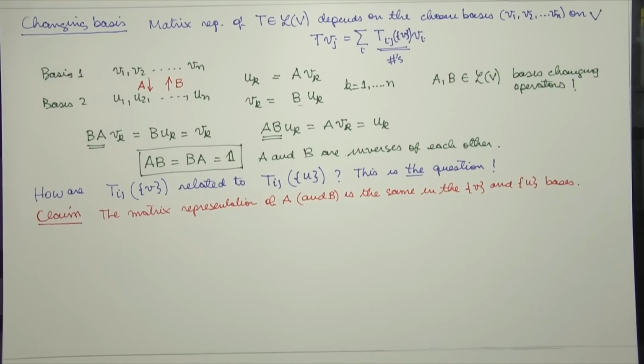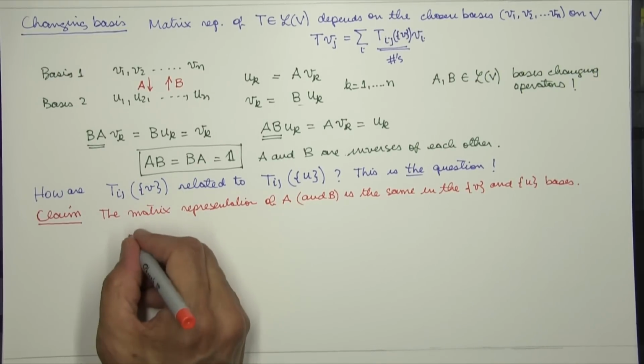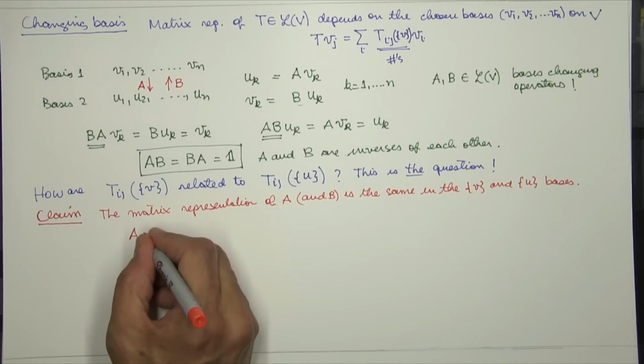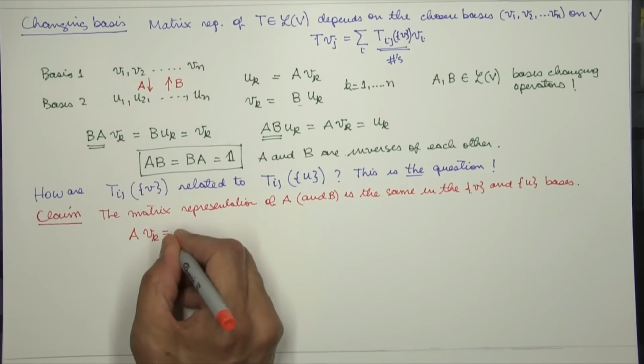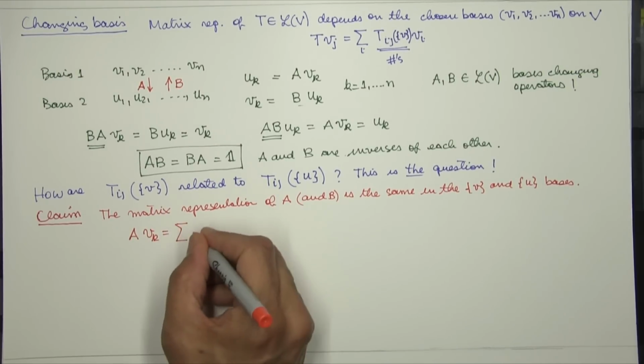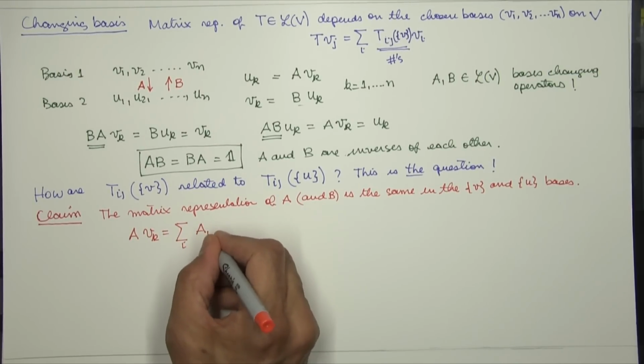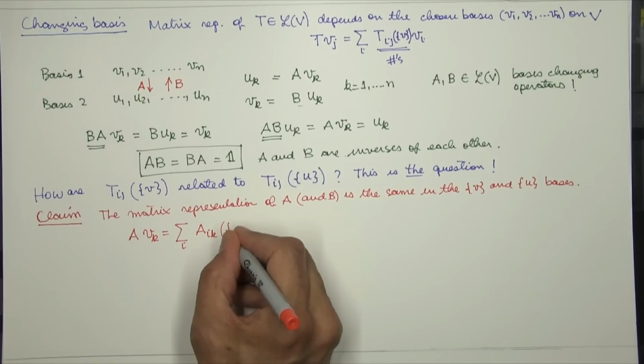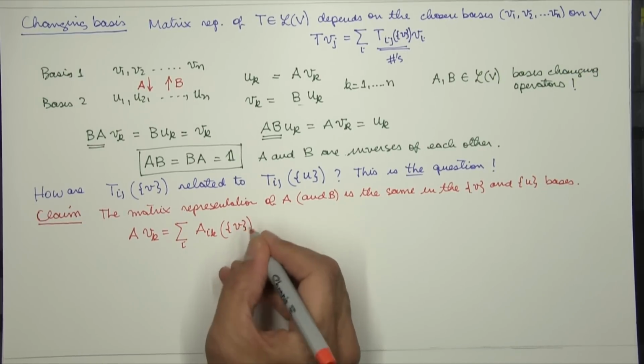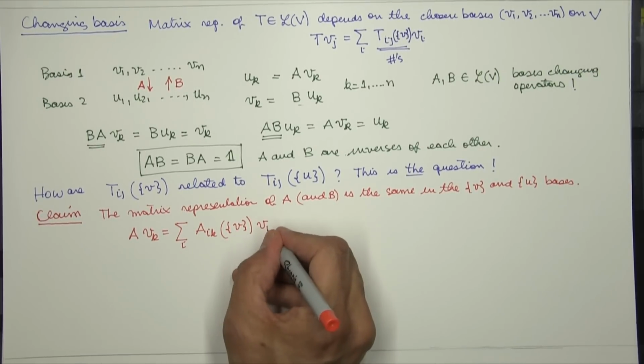So let's write this. Suppose you were computing A acting on V_k. Well, you would say, all right, this is the sum over i of A_ik, I'm using the V basis, so it's this times V_i.